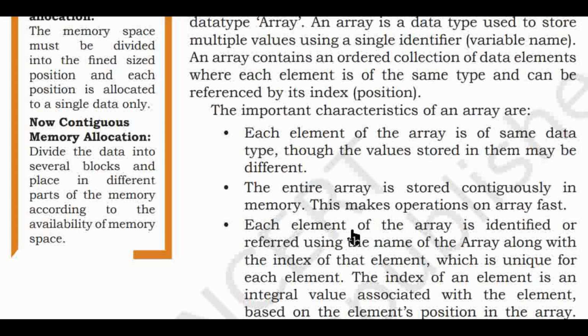Each element of the array is identified or referred using the name of the array along with the index of that element, which is unique for each element. The index of an element is an integral value associated with the element based on the element position in the array.